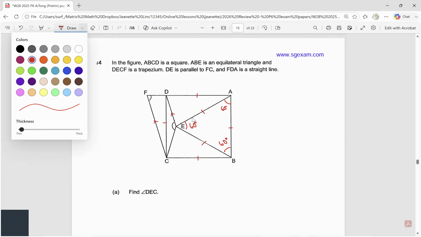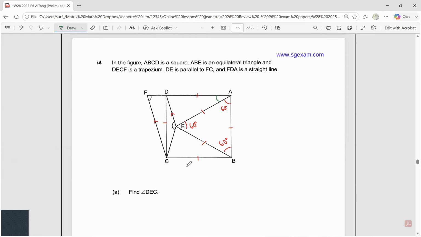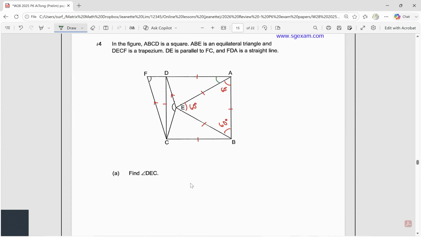So what I can find, okay, I'm going to use different colors so that it's easier to see. Okay, let's find this one first. DAE. So since square got right angle, so 90 minus 60. So this is 30 degrees. Now, I'm going to find this angle over here. This is isosceles.